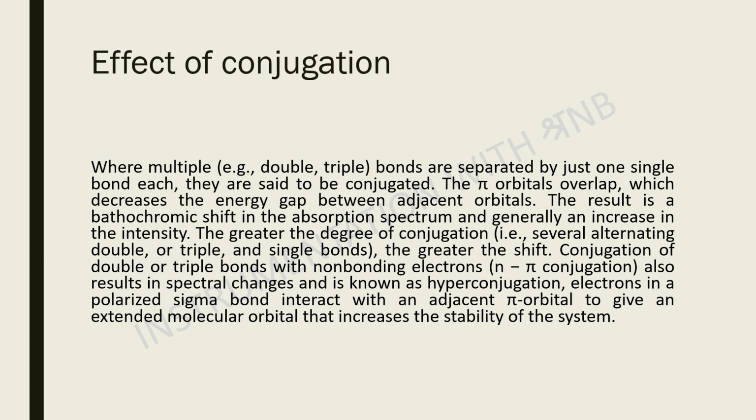Conjugation of double or triple bonds with non-bonding electrons also results in spectral changes and is known as hyperconjugation, as you can see in the n to pi star transition. This conjugation in the n to pi star transition is known as hyperconjugation.